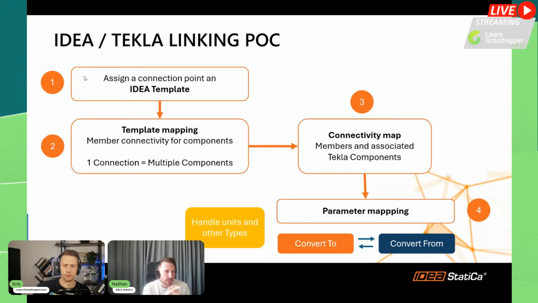From there, we'll have a parameter mapping that maps parameters in our Idea Statica connection with component parameters. This parameter mapping allows a convert to and a convert from, so we can either go from Tekla to Idea or Idea to Tekla. And this parameter mapping also needs to handle units between the softwares as well.